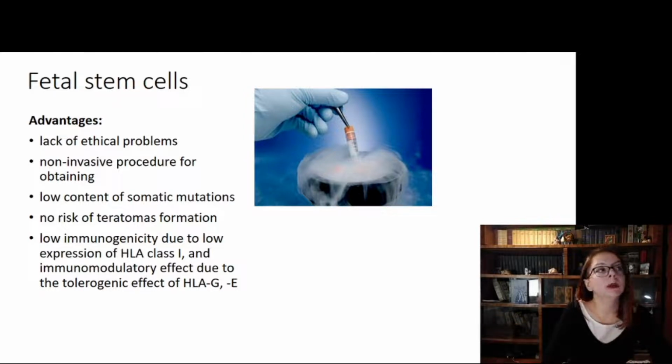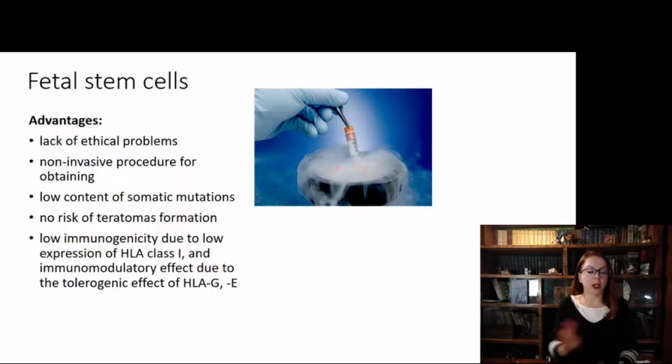That's why umbilical cord blood is transfused more easily than the blood of an adult person, and stem cells obtained from the bone marrow of adults.